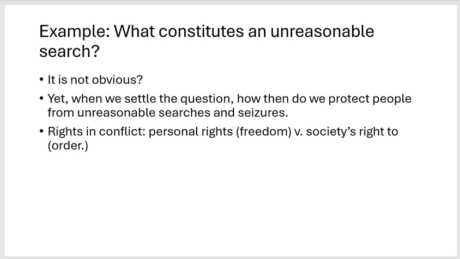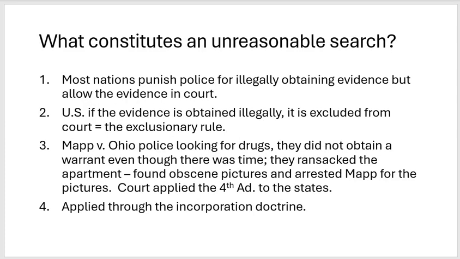You would think there would be no unreasonable searches and seizures, but we have society's right to order versus the individual's right to their personal freedom and liberty and to be secure in their persons, papers, houses, and effects. So there are some competing interests here, which make this a little sticky. All right, so what constitutes an unreasonable search?